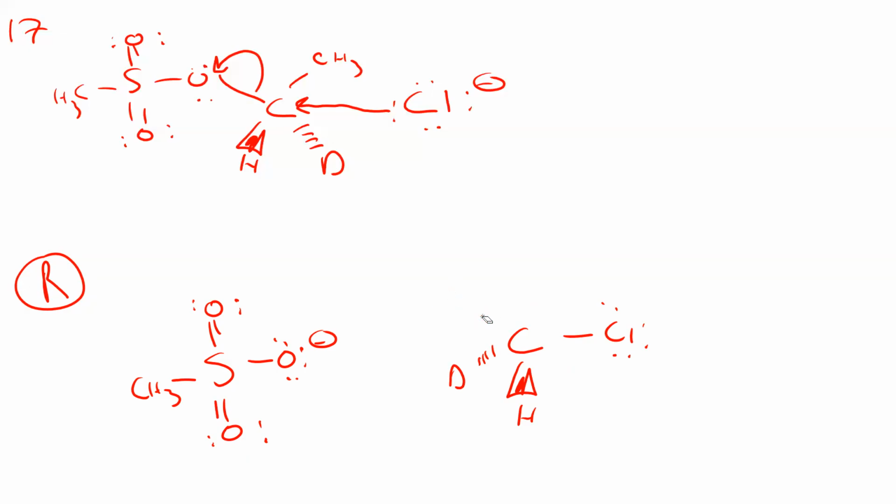Oh, let's draw that better. So that's it. It says, what is the absolute configuration of the chloroethane final product? This will be R. You go this way, and then you flip it because the hydrogen is in front, so that'd be R.